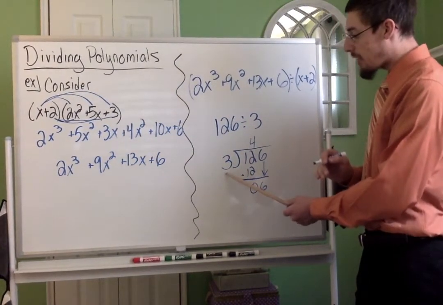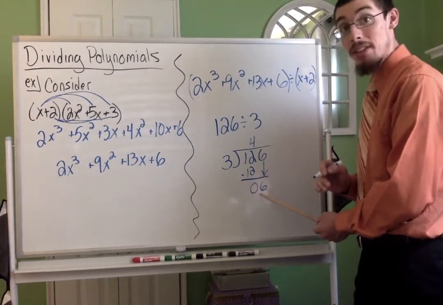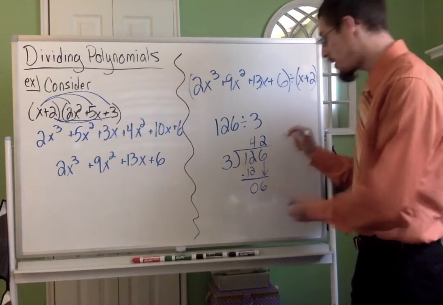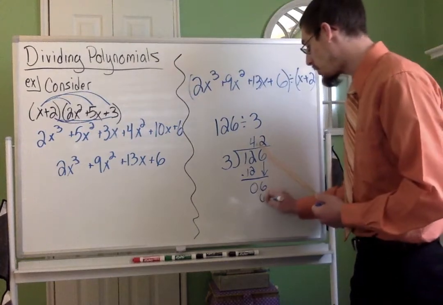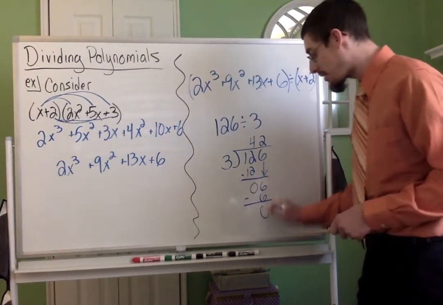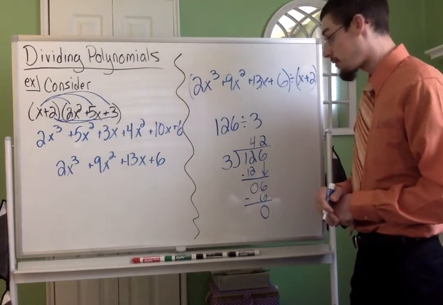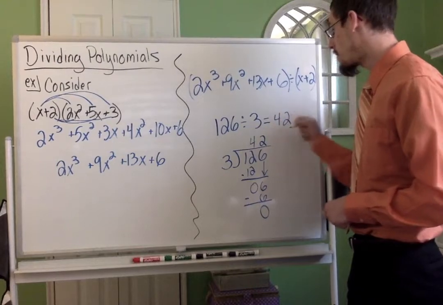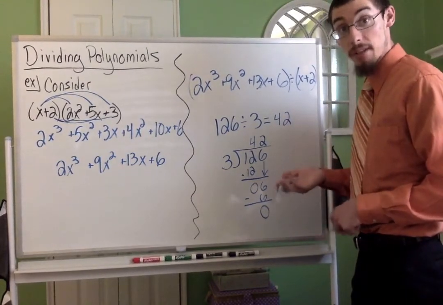So then you ask, how many times does 3 go into 6, which is 2? So I put a 2 here. 3 times 2 is 6. Subtract them. 6 minus 6 is 0, right? So that means 126 divided by 3 is 42, right?